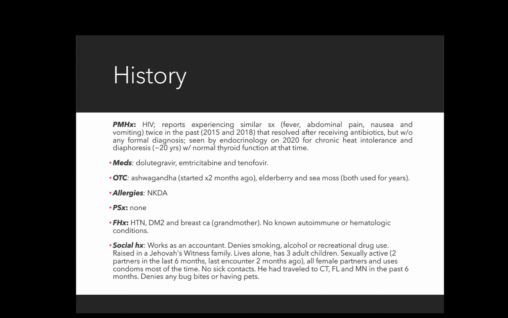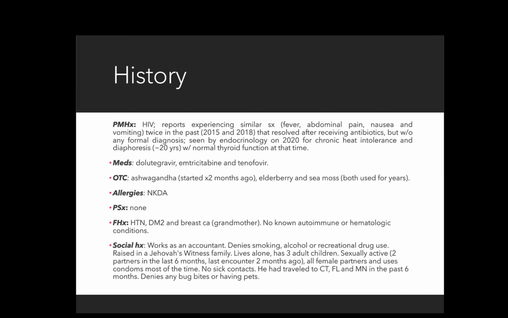And the social history, I think that must have been something you touched on a little bit regarding the alcohol. He denies smoking, alcohol, or any recreational drug. He lives alone, has 3 children, is sexually active, 2 partners over the last 6 months, pretty much uses condoms most of the time. He doesn't report any sick contacts.